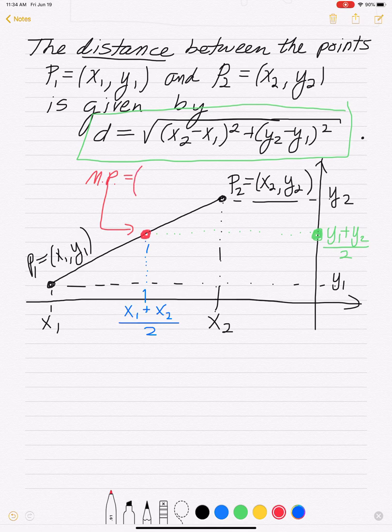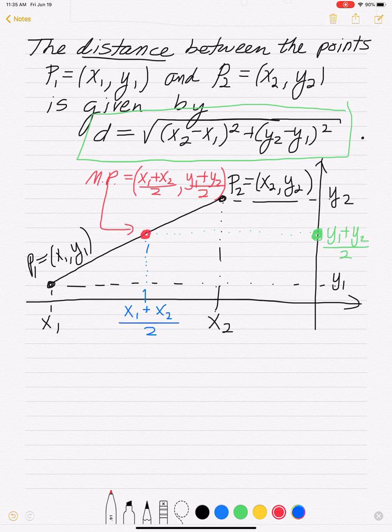So your x coordinate is going to be x1 plus x2 divided by 2, comma, then your y coordinate, y1 plus y2 divided by 2. So literally, the midpoint formula, it's a point, so it has two coordinates. The x-coordinate is the average of the x's, and the y-coordinate is the average of the y's.